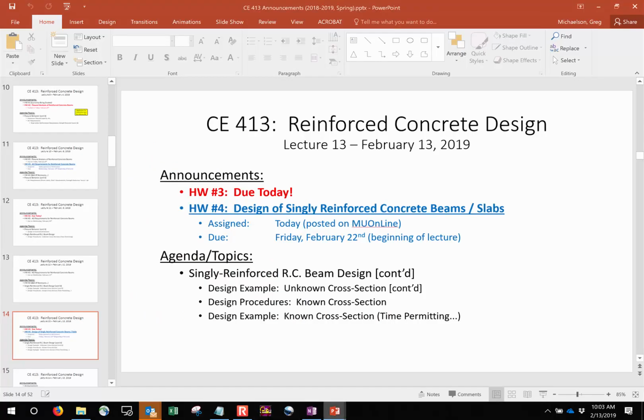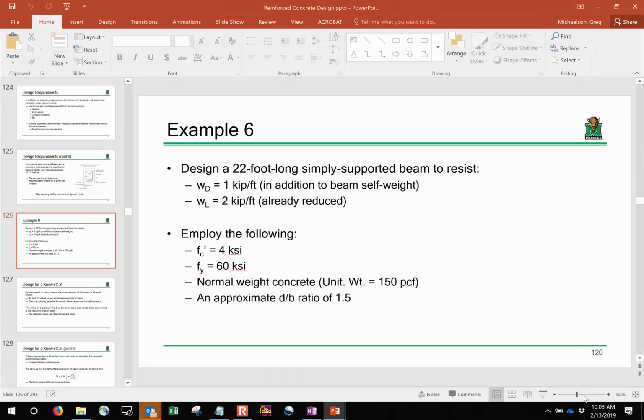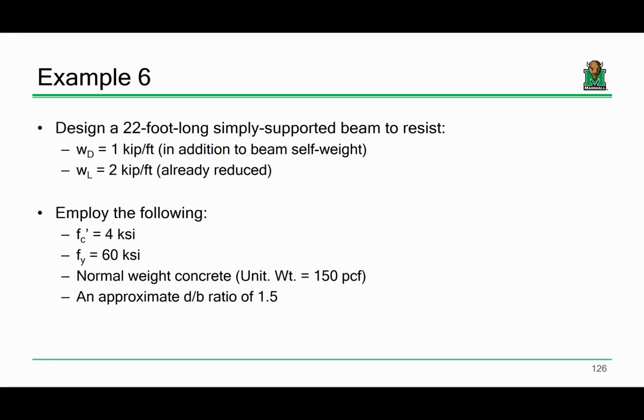Okay, so what I want to do is jump right back into our design example. We made a really big dent into this example. We didn't quite finish it, but we got really close. So we have a 22-foot long beam with a superimposed dead load.